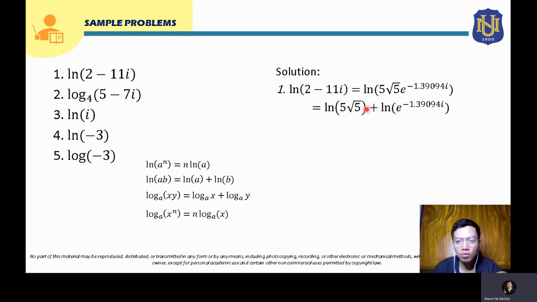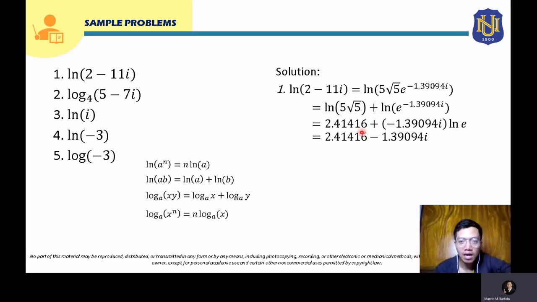From here, we can simplify this. We know that ln of 5 times square root of 5 has a value. Inputting that in your calculator, that will be 2.4116.